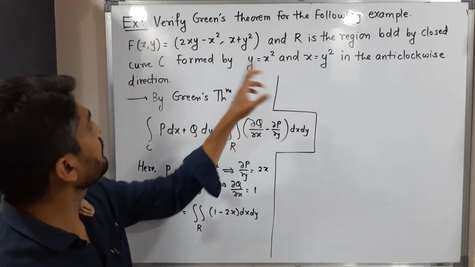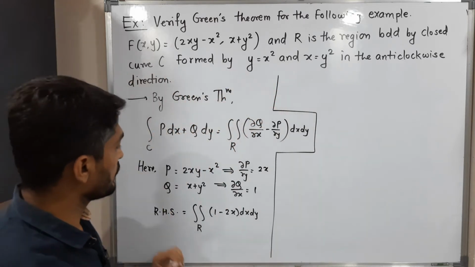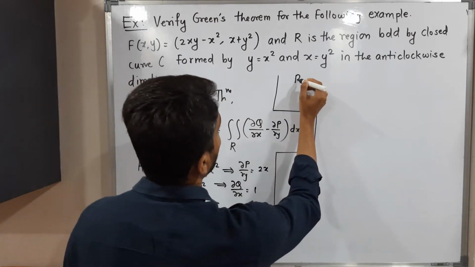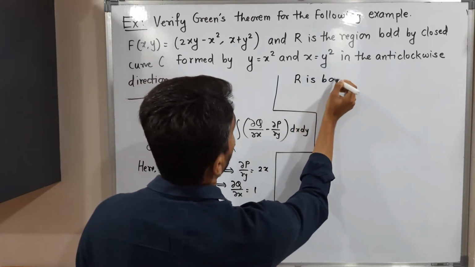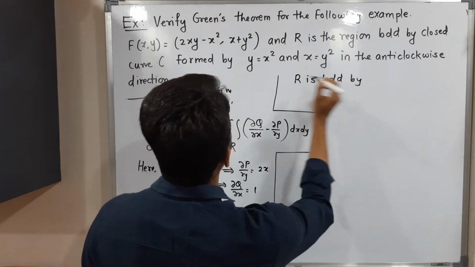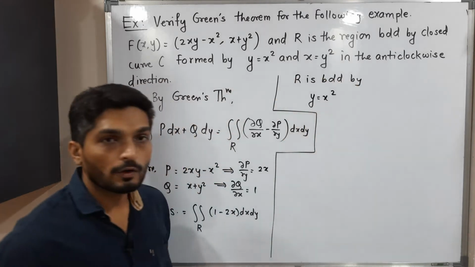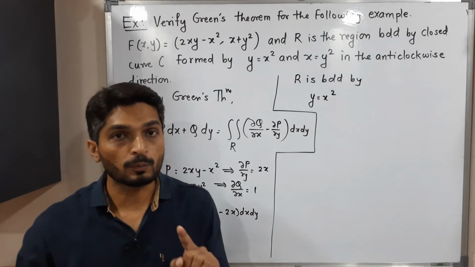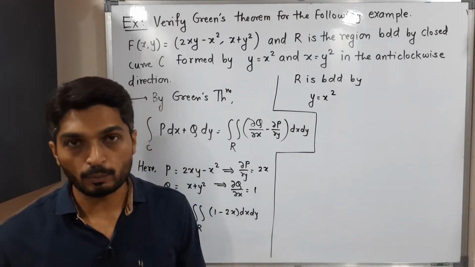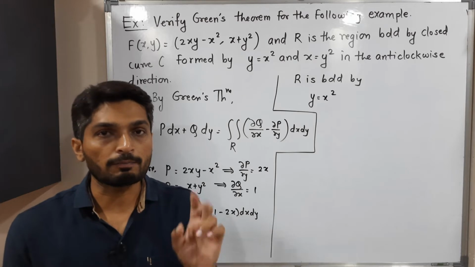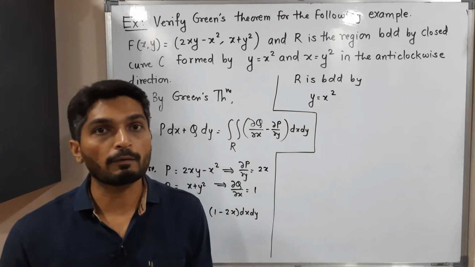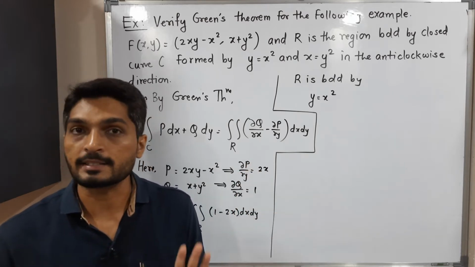R is bounded by the closed curve C formed by y is equal to x square. The power of x is 2, the power of y is 1, so it represents a parabola. A simple funda: if the power of one variable is 2 and the power of the second variable is 1, it represents a parabola.